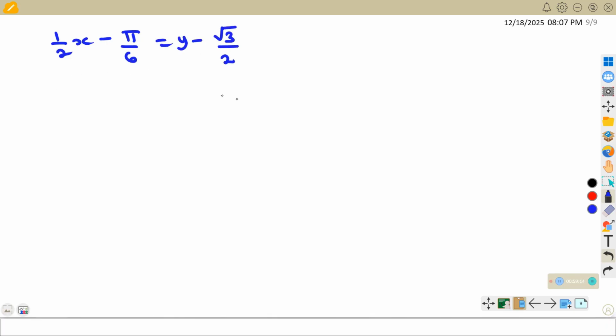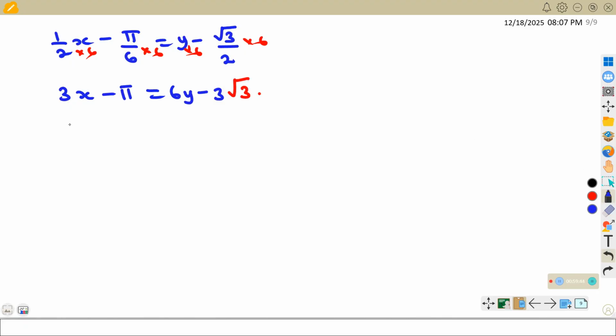So we shall multiply through by 6. This will be 3x minus pi, which is equal to 6y minus 3 root 3. We are multiplying here by 6, here by 6, here by 6, and here by 6.